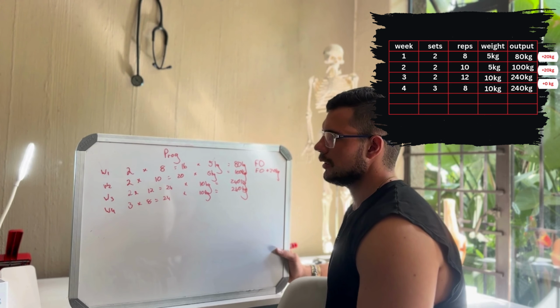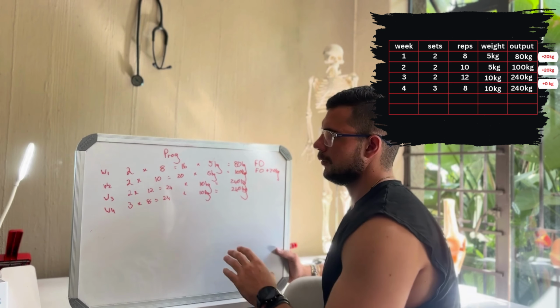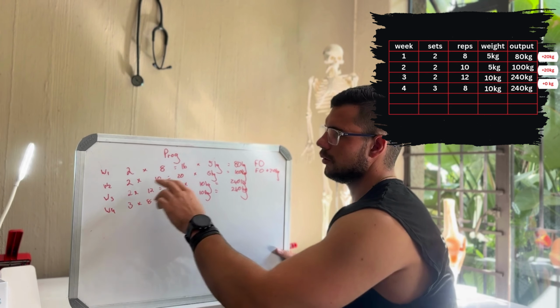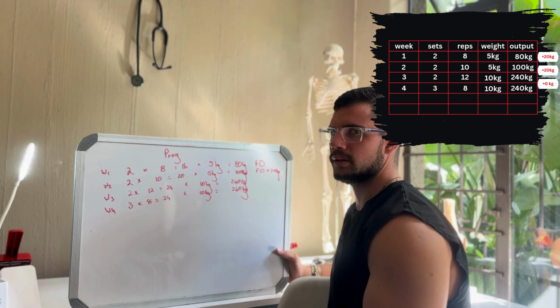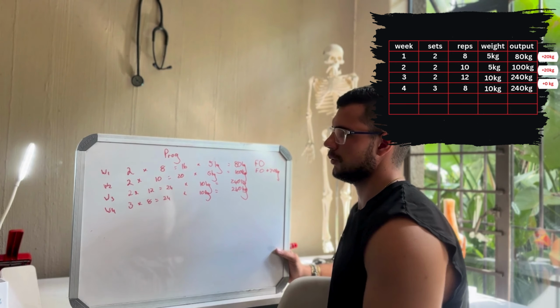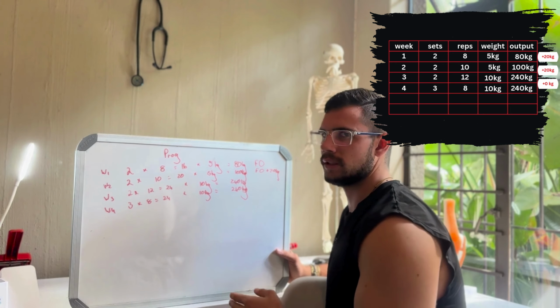But now, if we take a look at the weight factor specifically, you can use the 2 times 8 rep range to still make your patient have a higher force output than the 3 times 8 or 3 times 12.